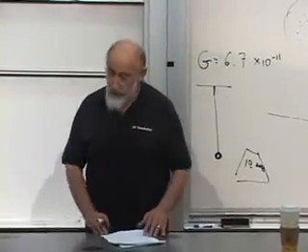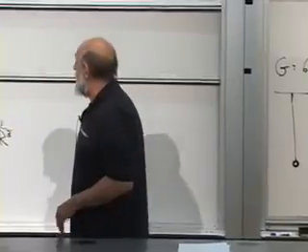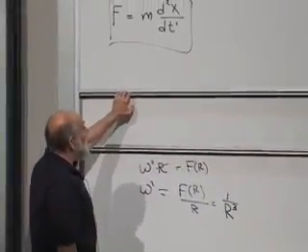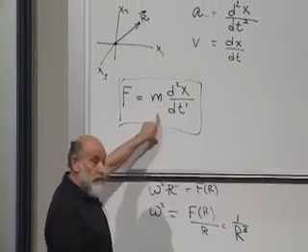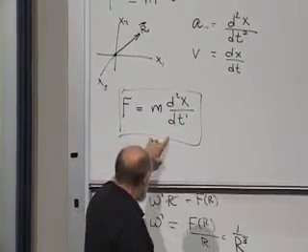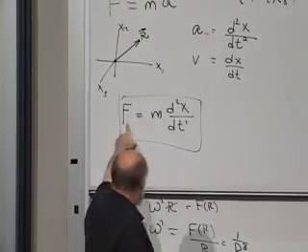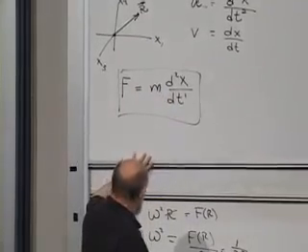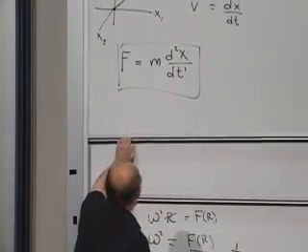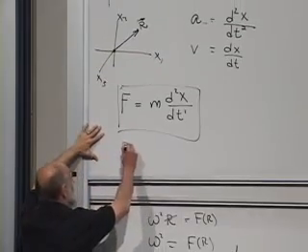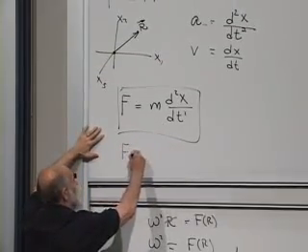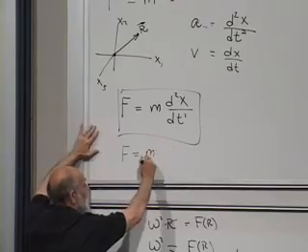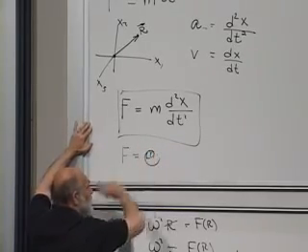Incidentally, let me just point out, if we're talking about other kinds of force laws, for example, electrostatic force laws, then we still have F equals ma, but the force law will not be that the force is proportional to the mass times something else; it could be the electric charge.